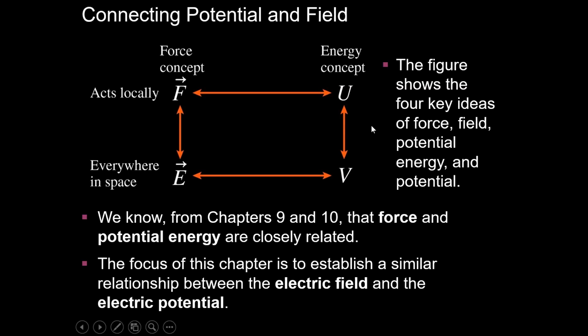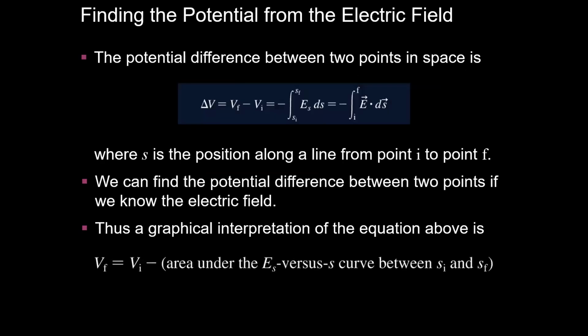So the two bottom ones, the field and the potential, are created by the source charge. The two top ones, force and energy, are the effects of the source charge on a test charge, exerting a force and giving a potential energy.